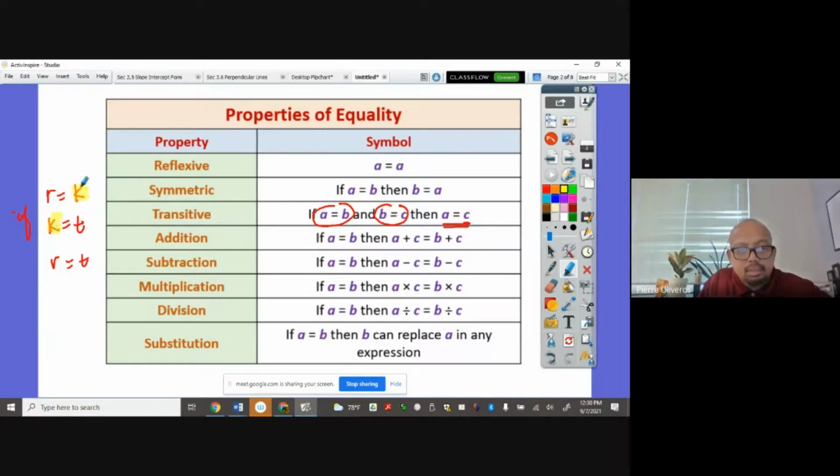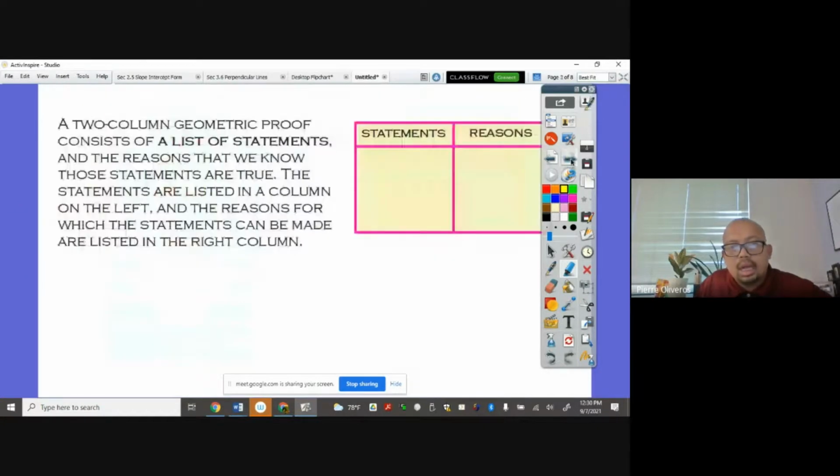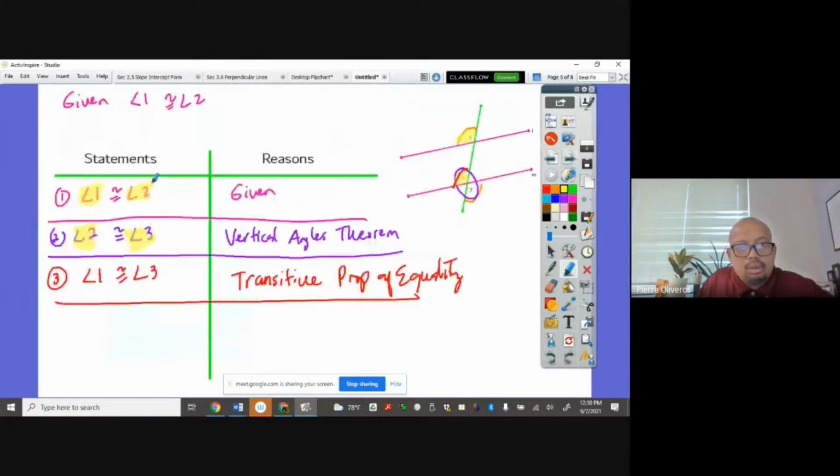It was the second statement here, it becomes the first statement there. The B here is the second statement, but B here becomes the first statement. And look at what we're doing here. The 2 is the second statement here and the 2 is the first statement there, so they basically cross out, and 1 and 3 are congruent. So that's because of the transitive property.